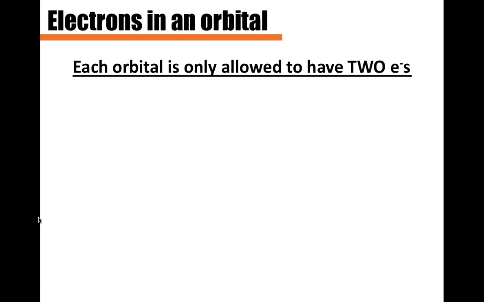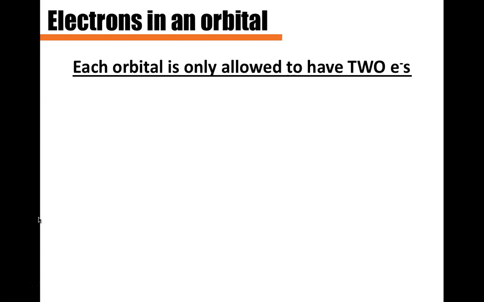So the p orbitals, each individual p orbital, those lobed things, the purple ones, can have 2 electrons each. There's 3 of them. What's 3 times 2? It's 6. How many columns were in the p block? 6 columns. A coincidence? I think not.